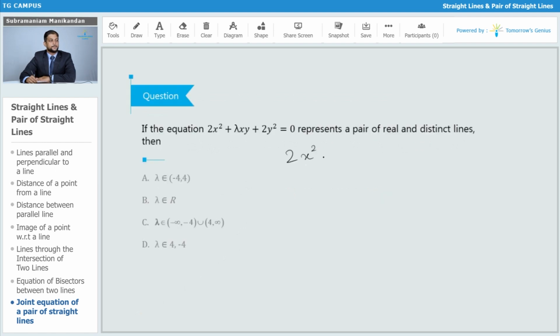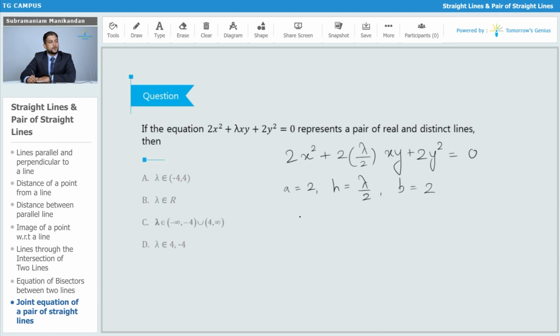2x square plus 2 times lambda by 2 xy plus 2y square equals 0, so that we get a in this as equal to 2, h as equal to lambda by 2, and b as equal to 2 again.